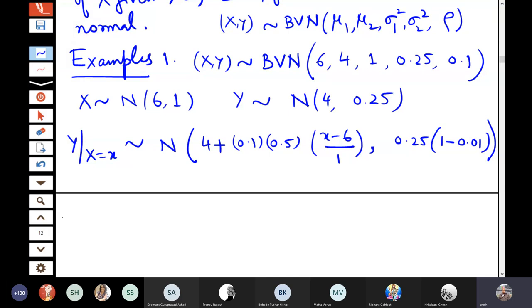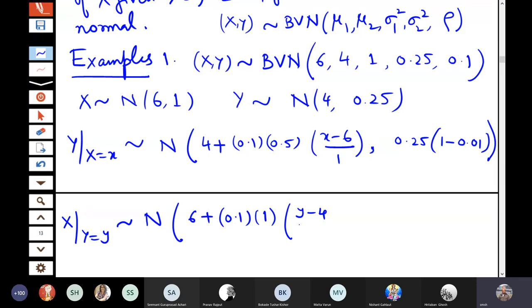We can also write down the conditional distribution of X given Y, that will be normal with mean mu1 plus rho sigma 1, that is 1 here, into (y minus mu2) by sigma 2, and variance will become sigma 1 square, that is 1, into 1 minus rho square.